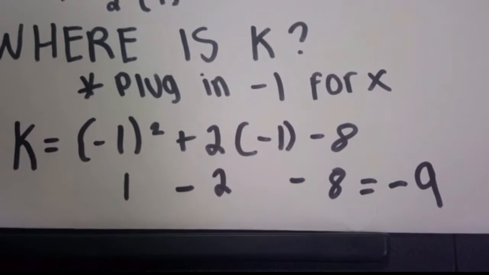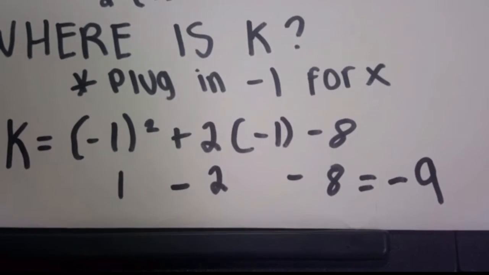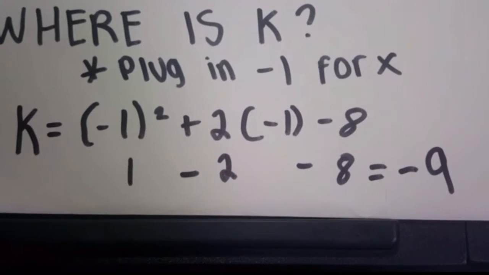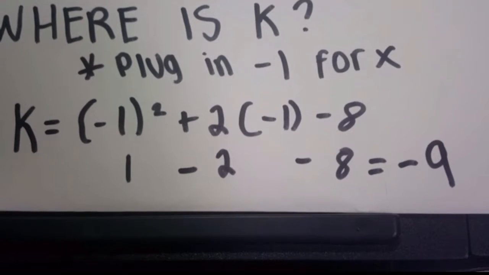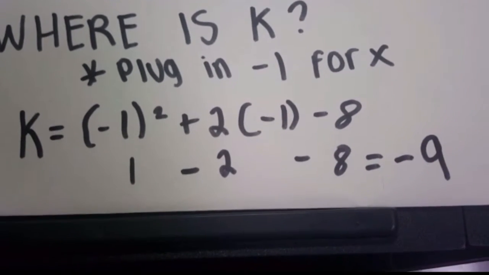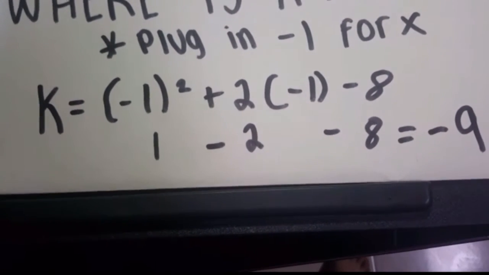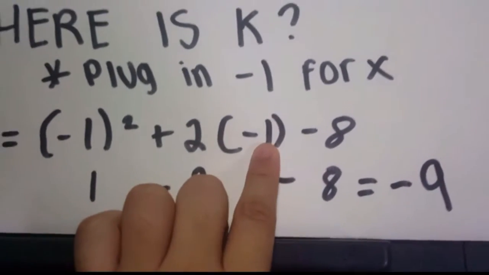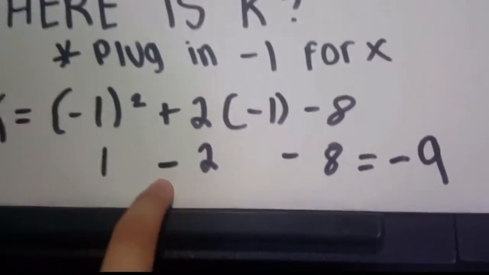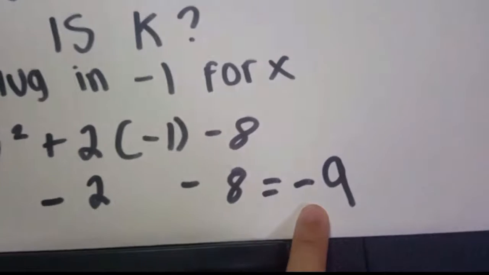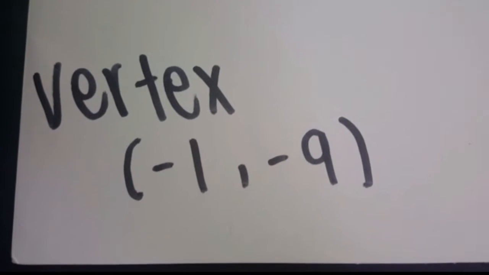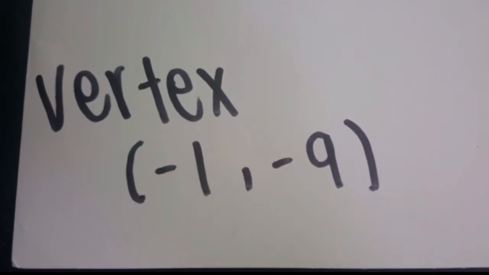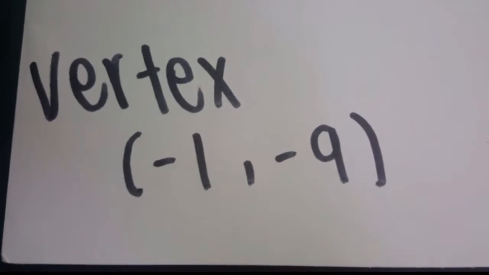To find k, we need to plug in the value negative 1 to the whole equation. Therefore, it will result to k equals negative 1 squared plus 2 multiplied by negative 1 minus 8. It will result to 1 minus 2 minus 8, which is equivalent to negative 9. Therefore, the vertex of the graph is negative 1 and negative 9.